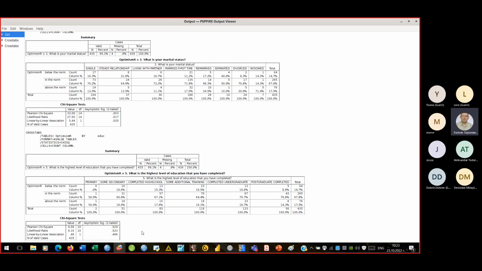But for example, for the analysis of direction, I will show you how to analyze direction when the independent variable is ordinal. So here we can see increasing of the independent variable, starting with primary education, some secondary, completed high school, some additional training, completed undergraduate, and postgraduate completed.